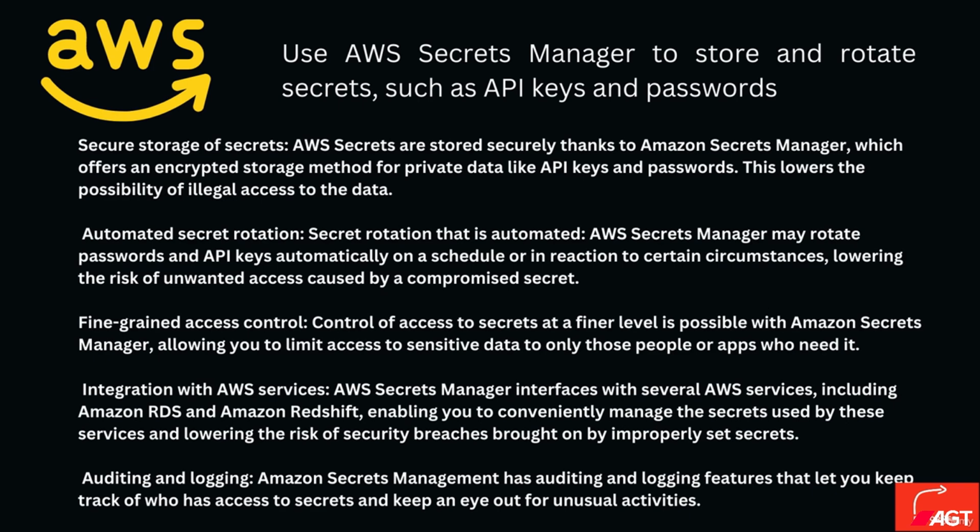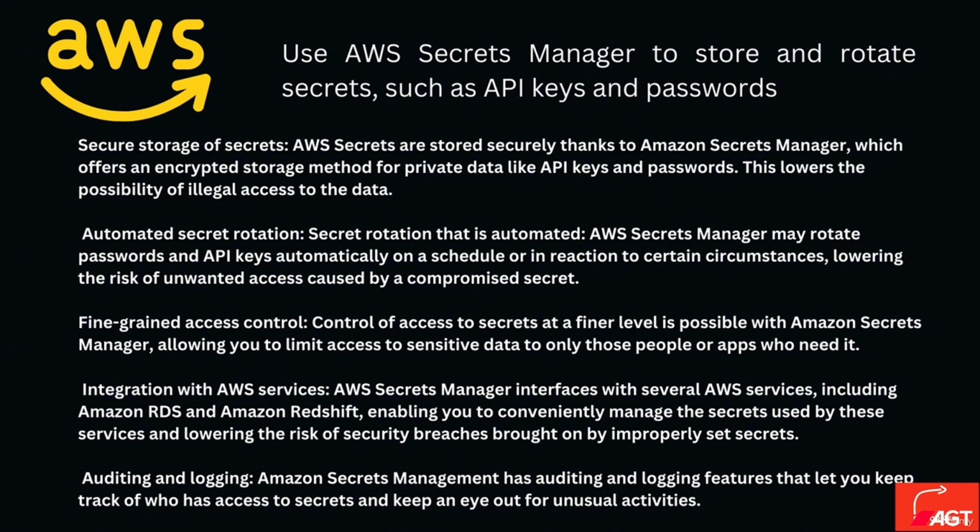You can securely store and manage secrets, such as API keys and passwords, using AWS Secrets Manager, a tool offered by AWS. You can enhance cloud security in the following ways with Amazon Secrets Manager. Secure storage of secrets. AWS Secrets Manager offers an encrypted storage method for private data like API keys and passwords. This lowers the possibility of illegal access to the data.